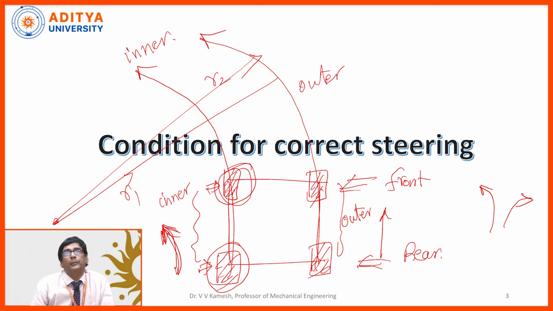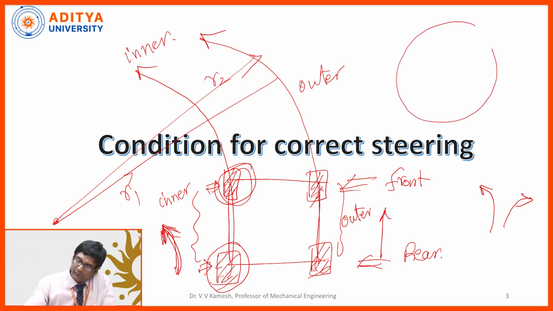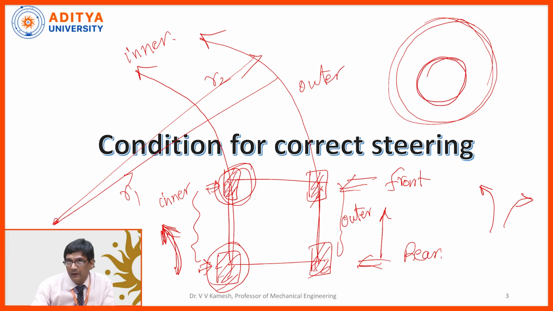Now, what is actually the problem for the steering is, whenever we are turning in a circle, just look at this, we are having a circle here, and we are having an inner circle here. Now, suppose I am having 2 points here, this is point P, this is point Q. If I am turning through some angle, let it be 90 degrees, I am moving to P1 and Q1.